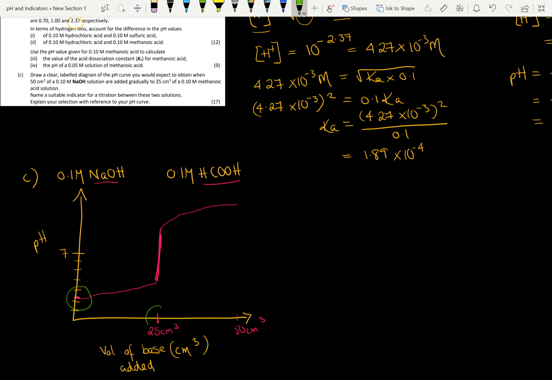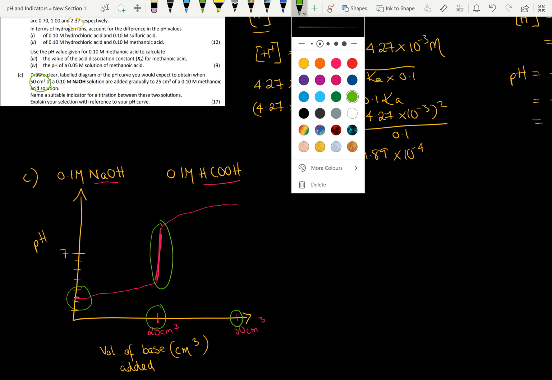You have neutralization occurring at 25 centimeters cubed. You've got that steep part of the graph that indicates neutralization, and then we have that leveling off of the graph to finish off at a high pH because we've got a strong base there. And then our graph finishes at 50 centimeters cubed because we're told in the question that we've got 50 centimeters cubed of our sodium hydroxide.